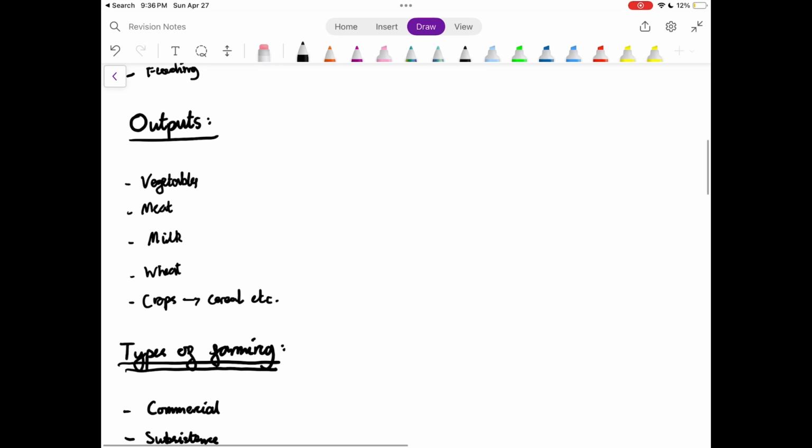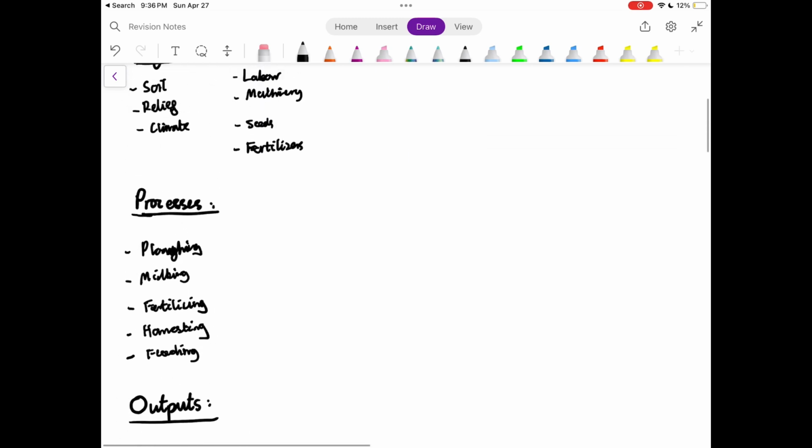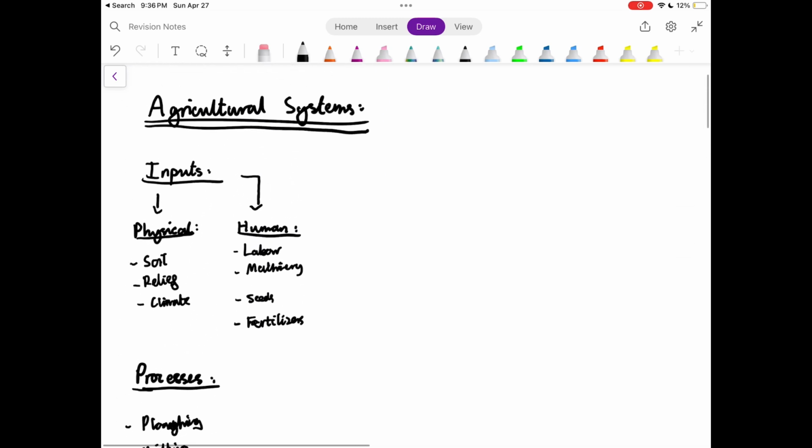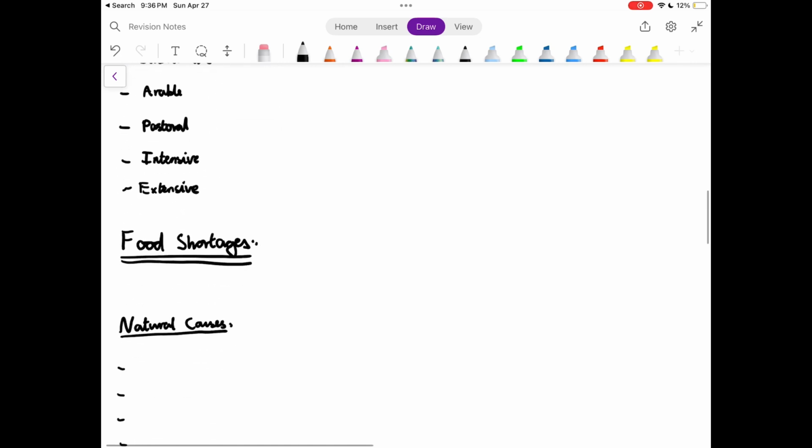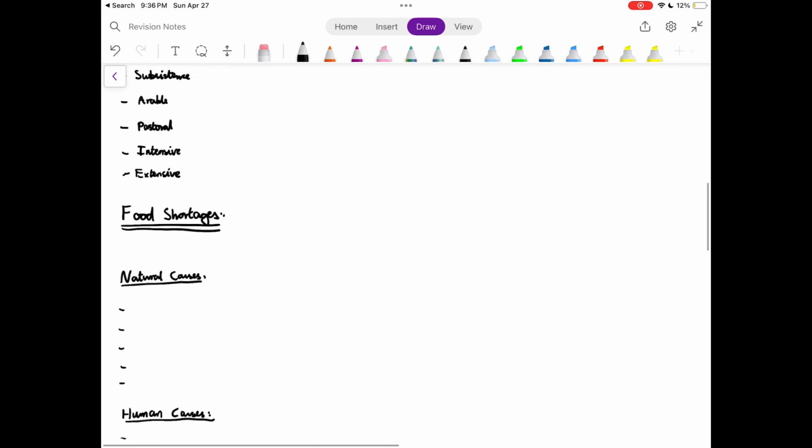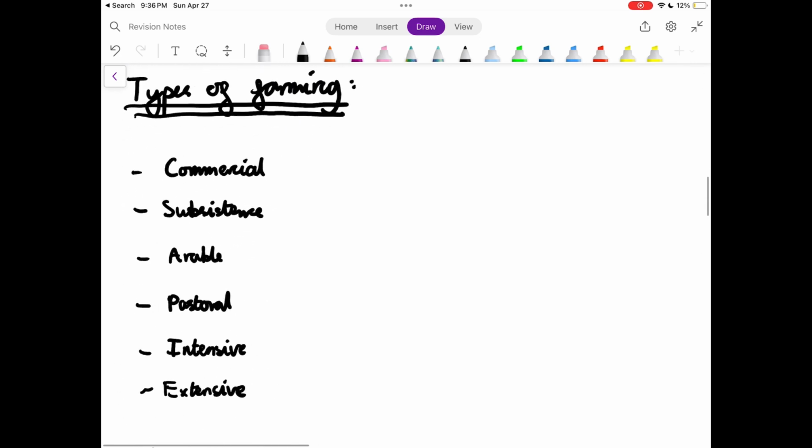Okay, so that is what the agricultural system is, and now we're going to be looking at the types of farming. So there's 6 different types. There's commercial, subsistence, arable, pastoral, intensive, and extensive.